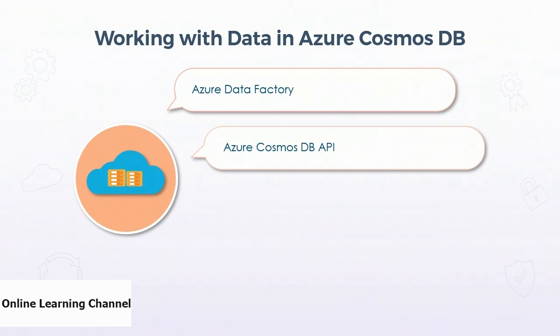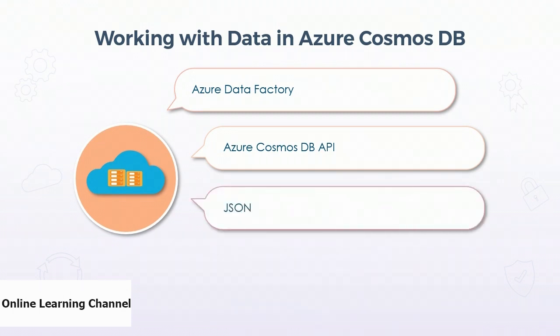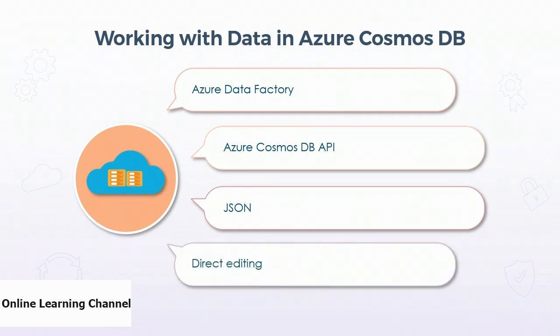In fact, you can even use PowerShell or Postman to interact with your database through this API. All you have to remember is that the data stored in Cosmos DB is managed using JSON. But if you don't want to program anything, you can actually use the Data Explorer built right into Cosmos DB and perform some direct editing. It's pretty easy and intuitive. You can configure your settings, play with your data, and even visualize any model that you've created.